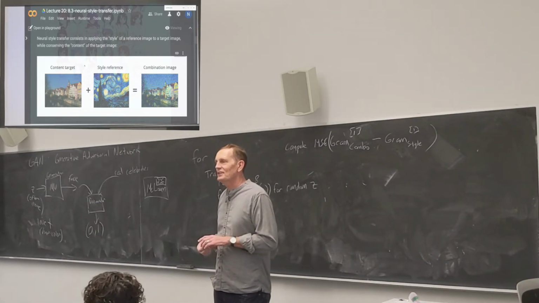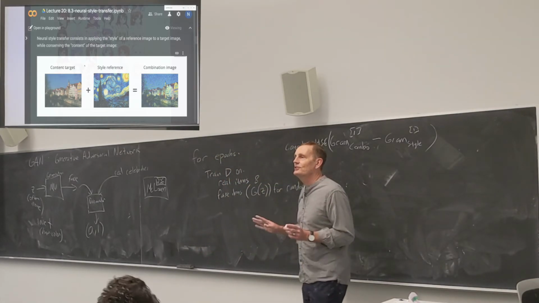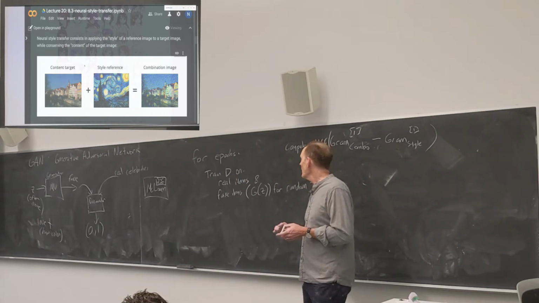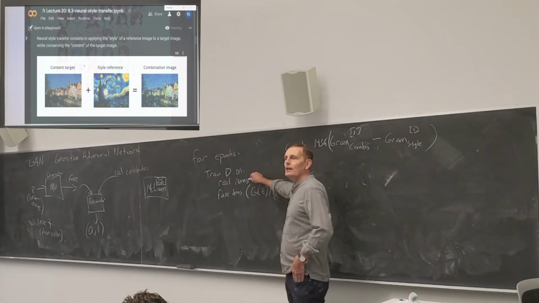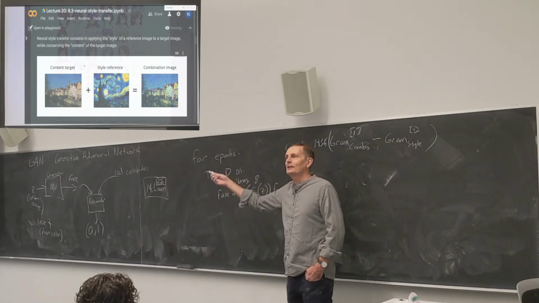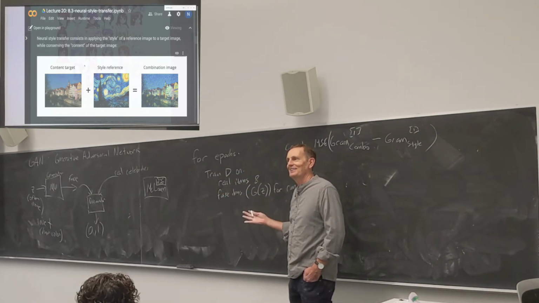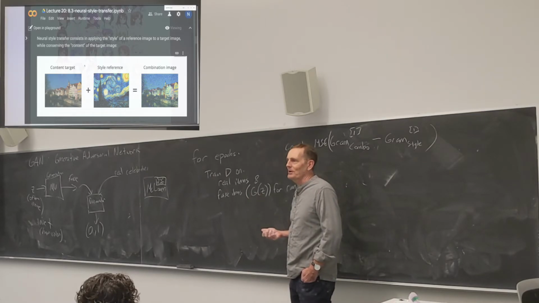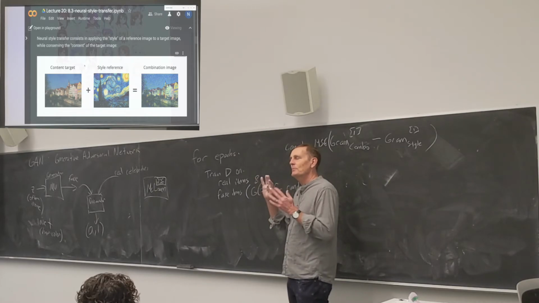To begin with, this discriminator is going to have such an easy job, because the real items have a lot of structure, and the fake items are like random noise going to a random neural network. So it's just random crap coming out. And the discriminator will just figure out kind of the minimum it needs to.